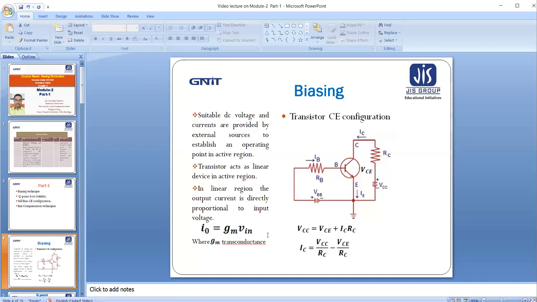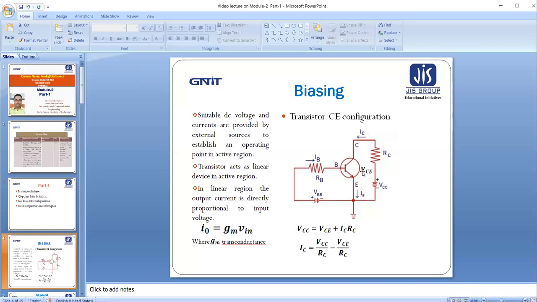VBB forward biases the base emitter junction, whereas VCC reverse biases the collector base junction. This VCC provides the reverse bias at the collector base junction through this VCE voltage.